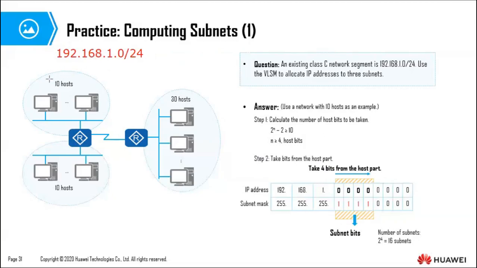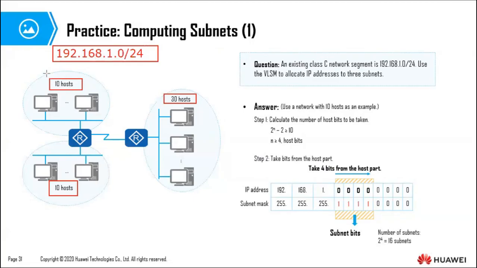One lab has 10 computers. Another lab has 10 computers. Another one has 30 computers. So we want to see how we can divide this so that we can effectively use this particular address space.